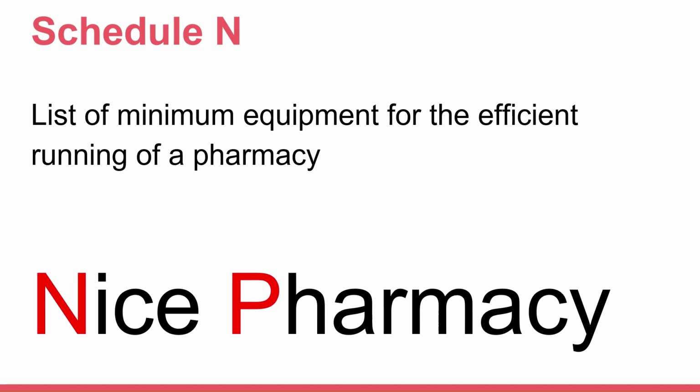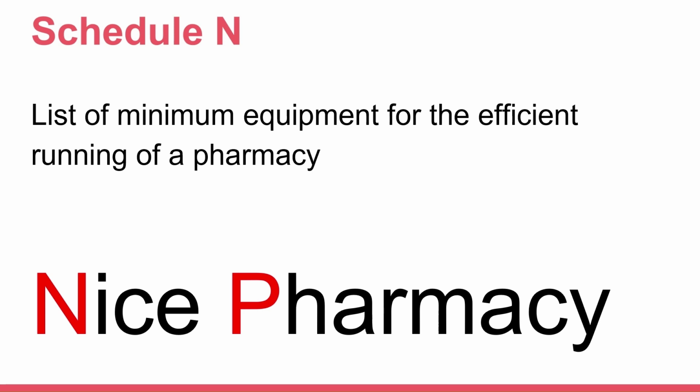Now, going to Schedule N. This is a list. List of what? List of minimum equipment needed for the efficient running of a pharmacy. N is for nice. Nice pharmacy. From that word, you can remember that Schedule N is for pharmacy requirements, that is, minimum requirements needed for efficient running of a pharmacy.